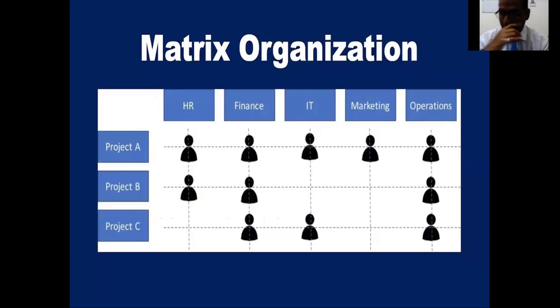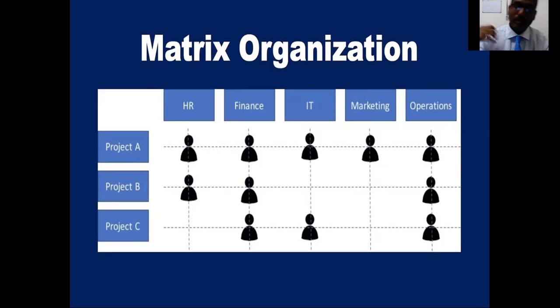So here you can see, like the functional department, HR, finance, IT, marketing, operation. But what happens here, there is a project A and B and C. This is like sometimes an architect company, when they get a new project in some other city outside their headquarters, they pick up people from different departments like HR, finance, IT, then assemble them as a team and send them to the new project.